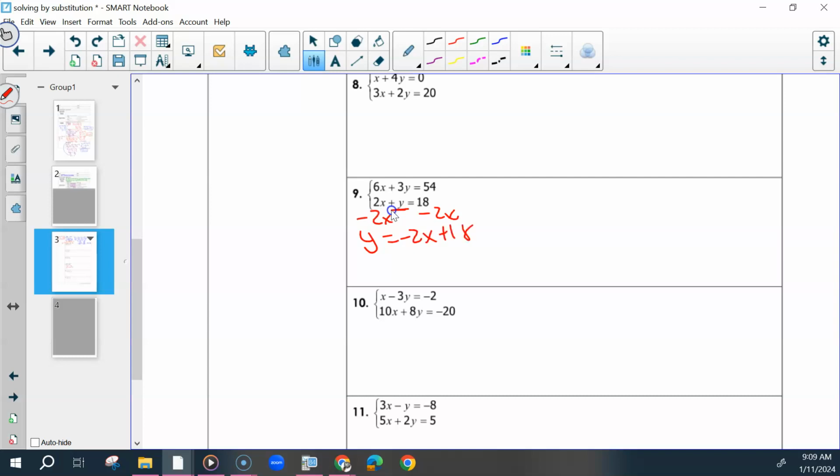And then we do what with that? Substitute it for the other y in the other equation. So that would be 6x plus 3 times negative 2x plus 18 equals 54. And then start to distribute.